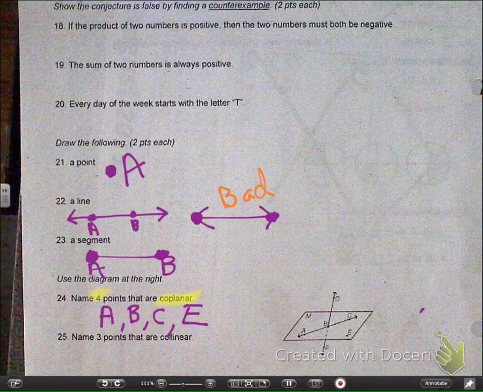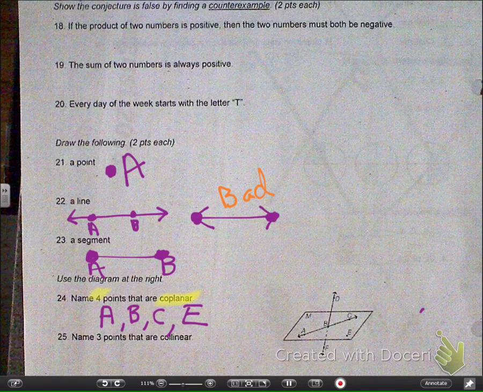No, it's not. Remember, it's going through it. Is D on the plane? No. Okay. Just the points that are literally sitting on the plane. Now, what is M representing? The plane. That's the name of the plane.